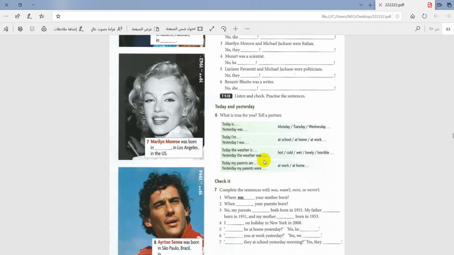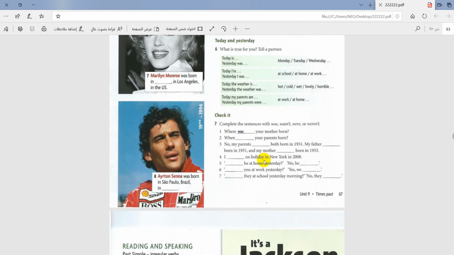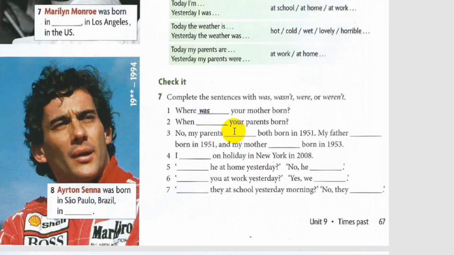Okay, this is the difference between the past and the present. Check it. Complete the sentences with was and wasn't, were or were not. Where was your mother born? When were your parents born?